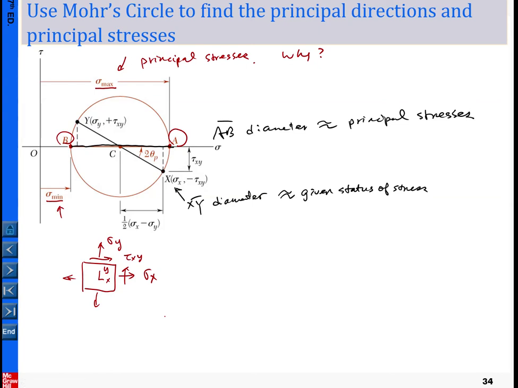So the transformation between the given and the principal stresses is basically the angle that defines the orientation.